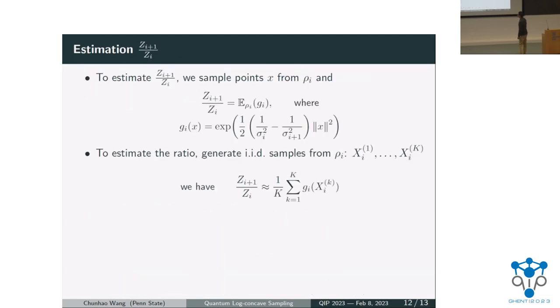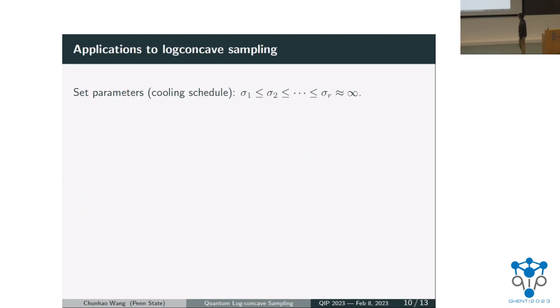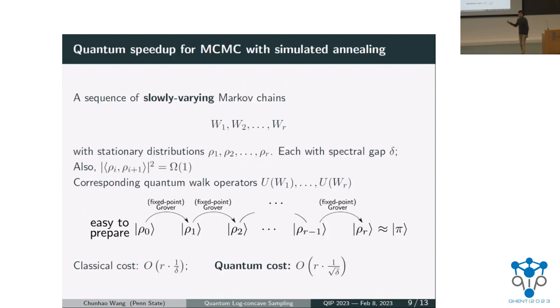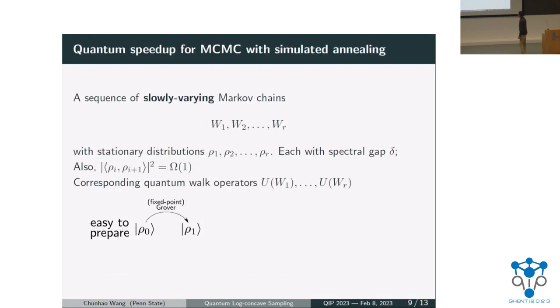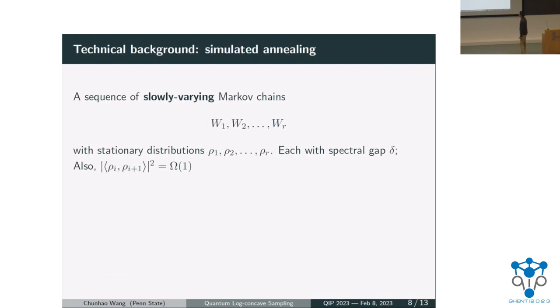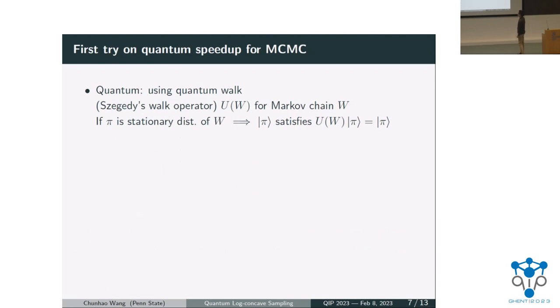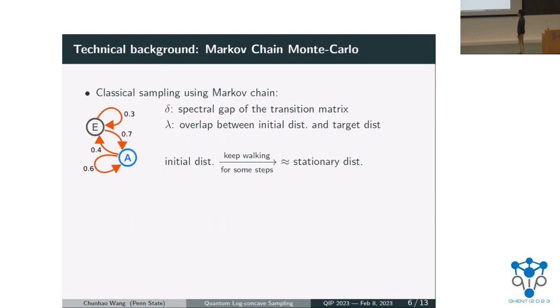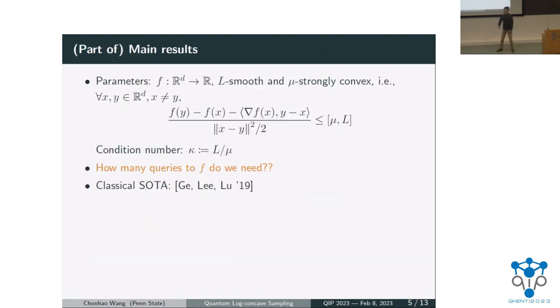I'm not sure. For this state-of-the-art result, it just used a variant of Langevin dynamics to get this kappa d dependence. I'm not sure if you can parallelize it to get a better cost in this result. Okay, thank you.